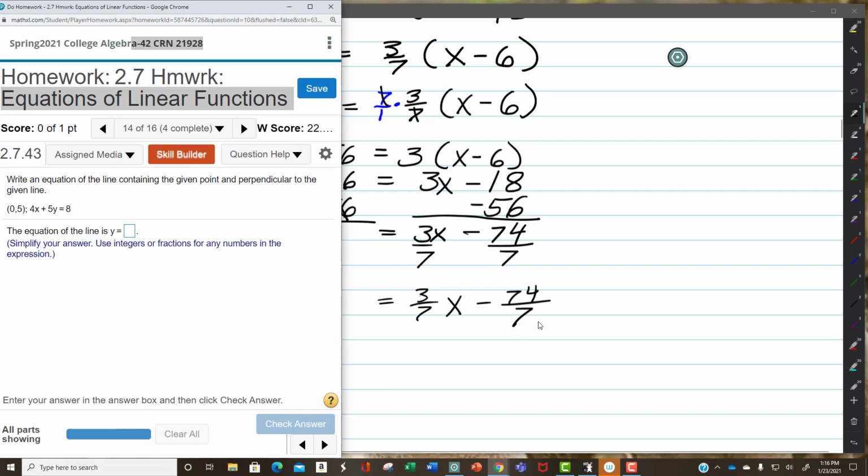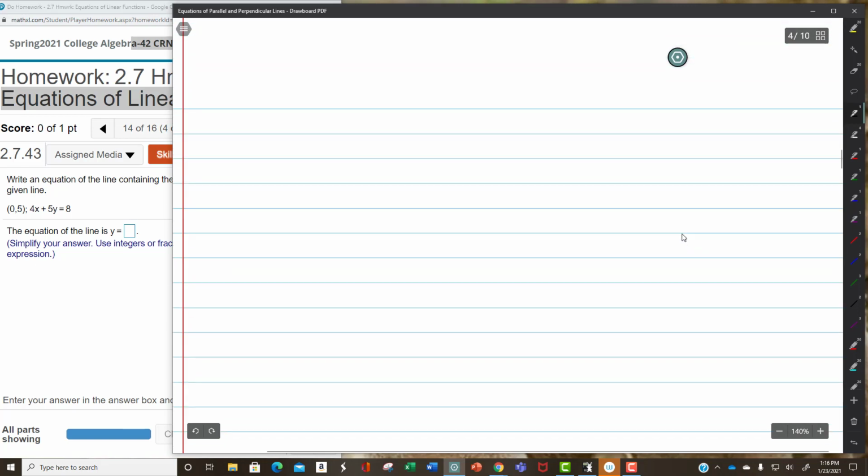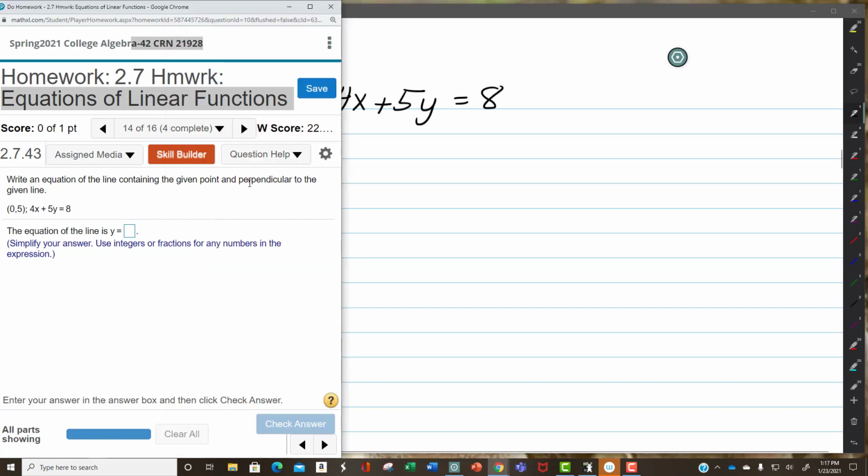All right, now let's do this. See, these are not really as difficult as they seem to be. 0, 5, with the given line being 4x plus 5y equals 8. And it is perpendicular.